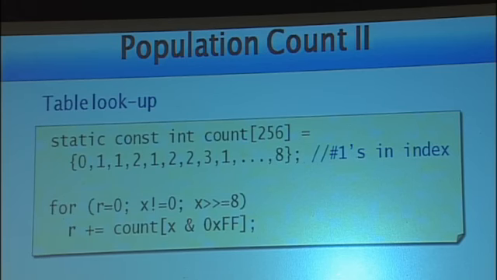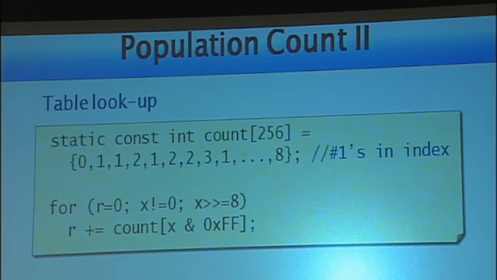And now what you're doing in this loop is you're basically taking a look at the value of x. You're right-shifting it, and then you're masking with the low-order byte. You add that to the count by doing a lookup, which hopefully only takes you 4 cycles if the table is in L1.